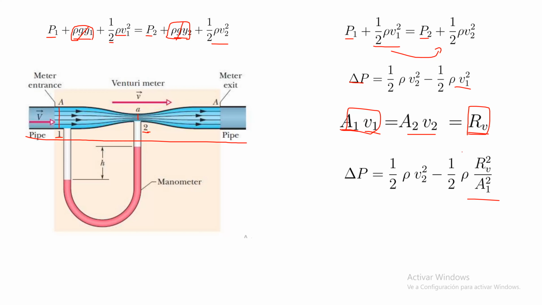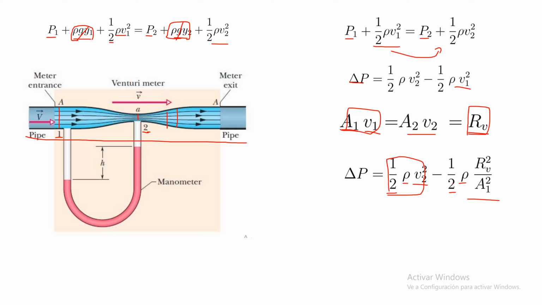But there's something curious right here. Both are multiplied by half, which is obviously a constant, and the density of the fluid, which is also a constant. The only variable: if we always use point 2 as reference and we just want to calculate any other area, not just point 1 right here, for example an area right here or an area right here, then we can say all of these three are constant.